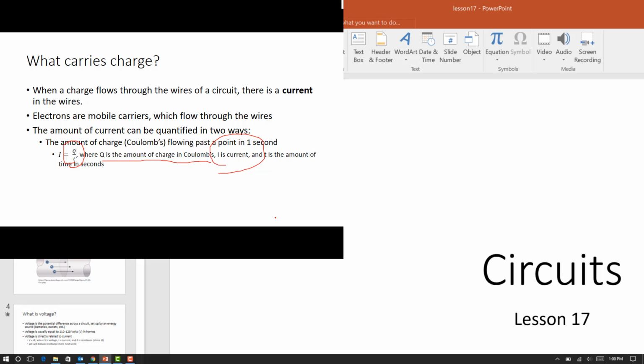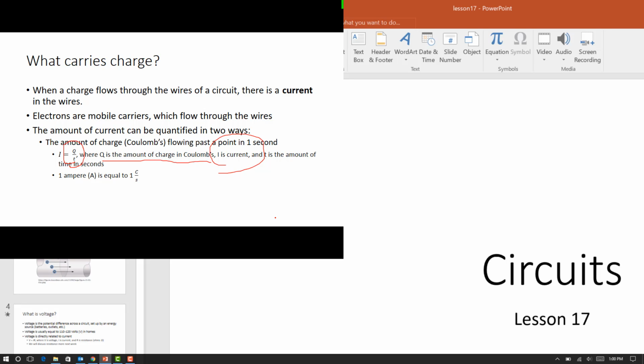And so this describes how we quantify current, but in order to demonstrate what current actually is, we need to look at this concept of the unit for current. So we tend to represent current in amperes, and 1 ampere, or 1 amp if you want to shorten it, or 1 A, is equal to 1 coulomb per second.